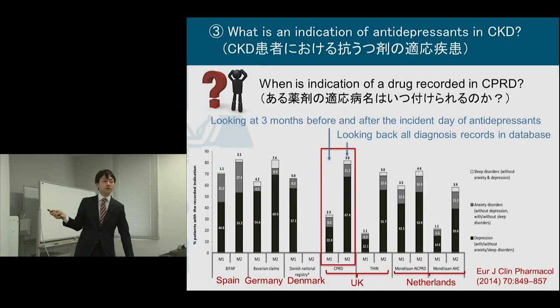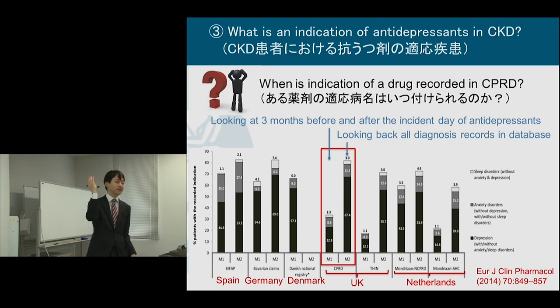So in the case of antidepressants, I found a previous study comparing 7 European databases on when the diagnoses are recorded for individual antidepressant prescription. In the case of CPRD, if you look at only 3 months before and after the incident day of antidepressants, the proportion of indication recorded was very small, at 30%. But if you look back 1 year or 2 years or 3 years before, it's more likely to be recorded.